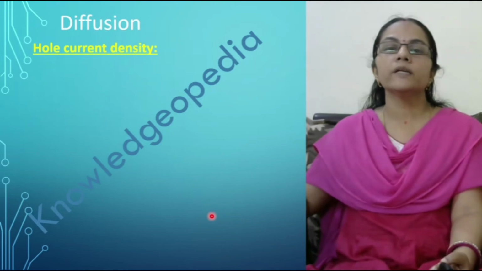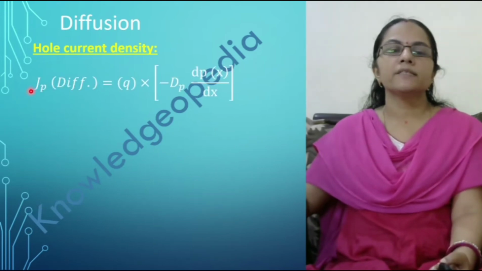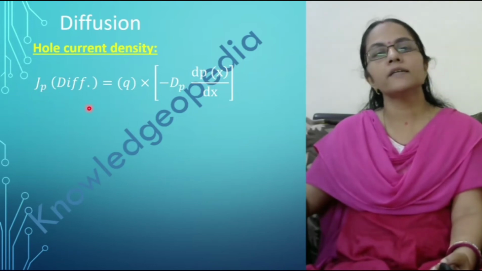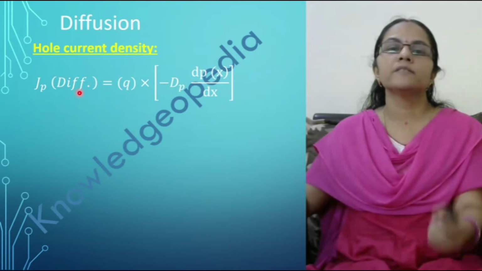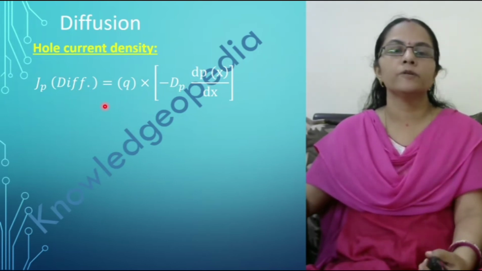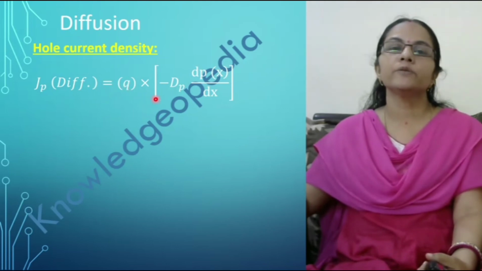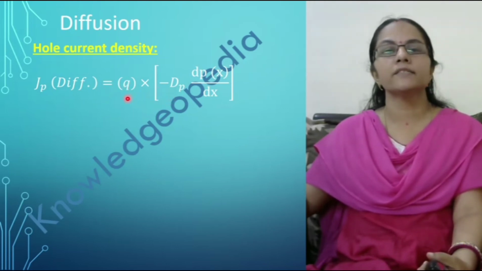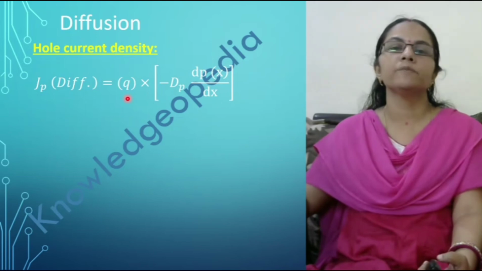Coming to the hole current density, this is Jp diffusion. This p represents that this current density is due to holes, and diffusion means this is the current density coming from diffusion of holes, equal to charge times carrier flux density. Charge is plus q over here because holes are positively charged carrier particles.